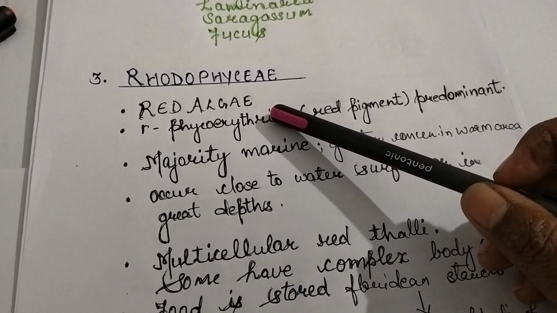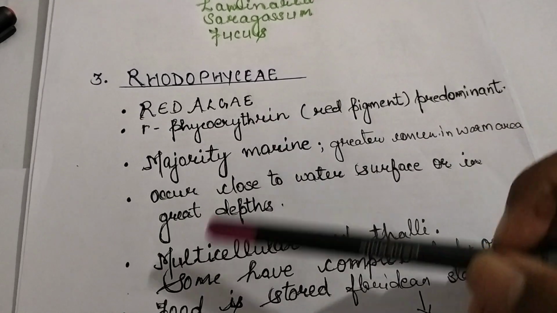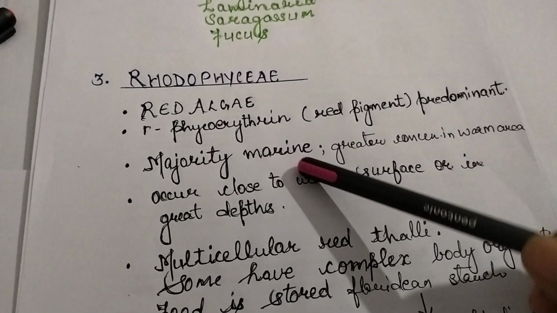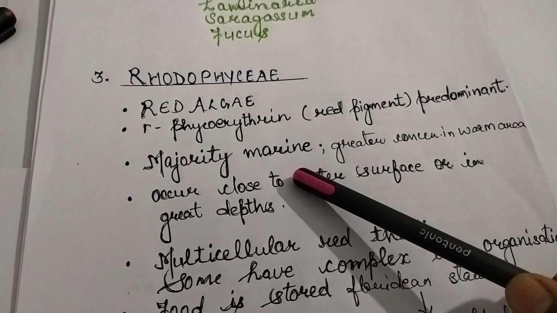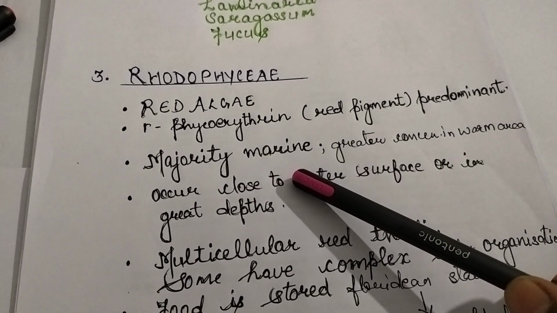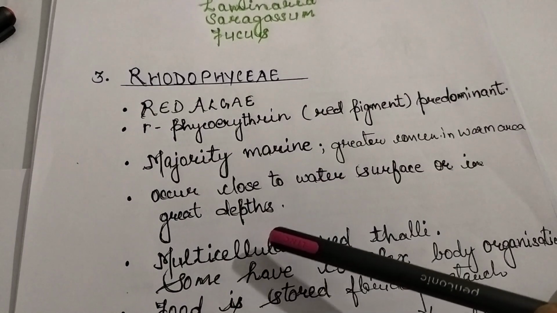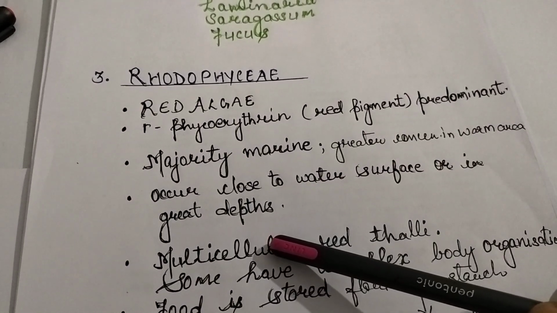Now habitat, majority of them are marine. Majority of red algae are marine, with greater concentration found in warmer areas.